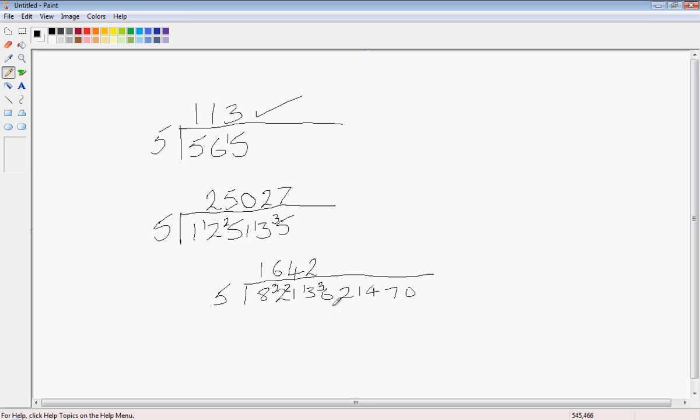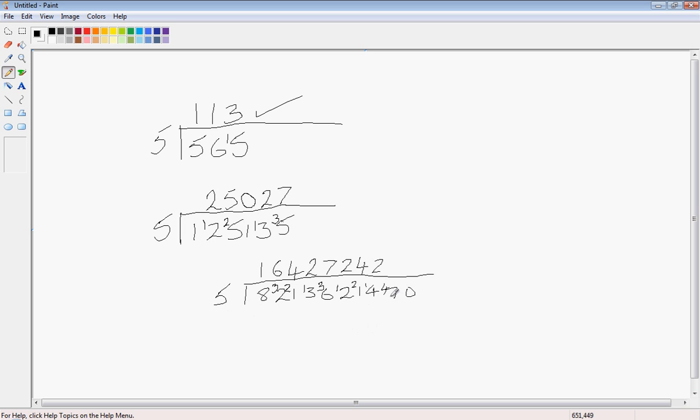Remember, it's always the remainder we carry across. 5's into 36, or 5 7's are 35, leaving me 1. 5's into 12, 2 5's are 10, leaving me 2. 5's into 21, well, 4 5's are 20, leaving me a remainder of 1. 5's into 14, 2 5's are 10, remainder 4.